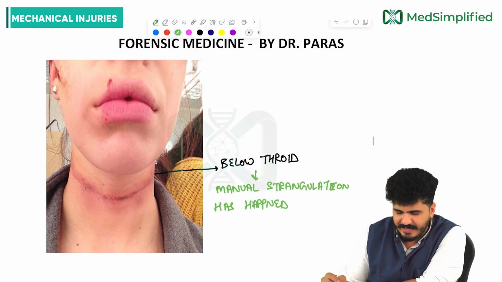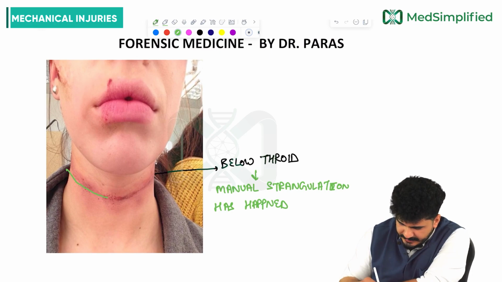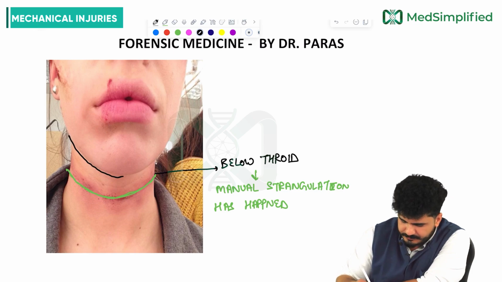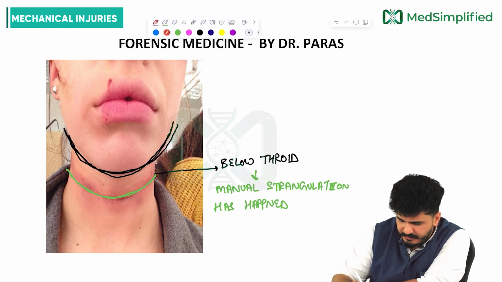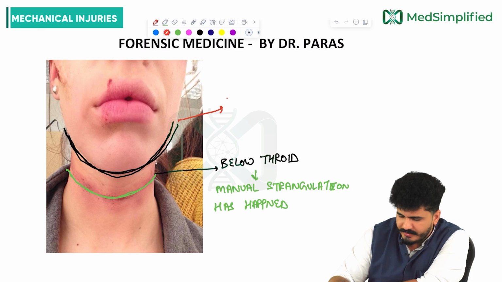Manual strangulation has happened, and you can see the ligature mark is transverse. If the ligature mark is oblique here, then we would notice that this is a case of hanging.